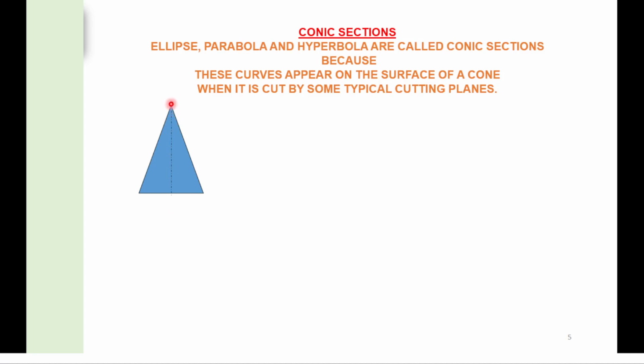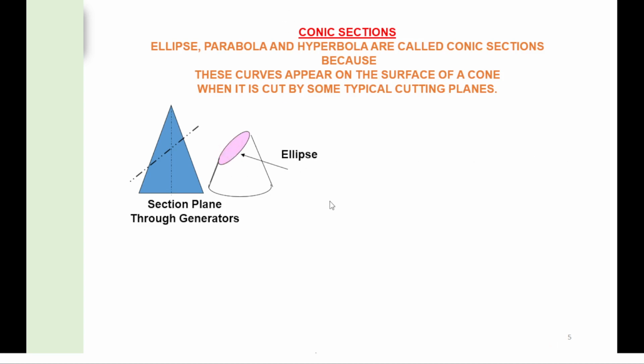The topmost portion of the cone is the apex, and these lines are the generators. Now if this is a cutting plane passing through all the generators, then the curve obtained will be this ellipse, a conic curve.